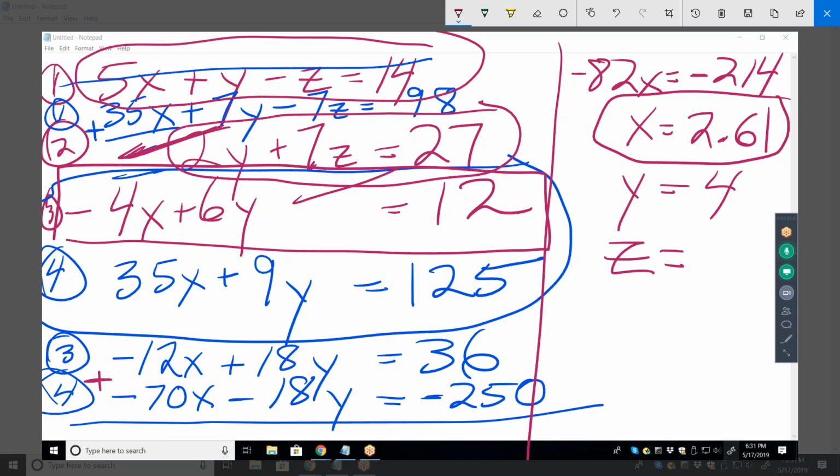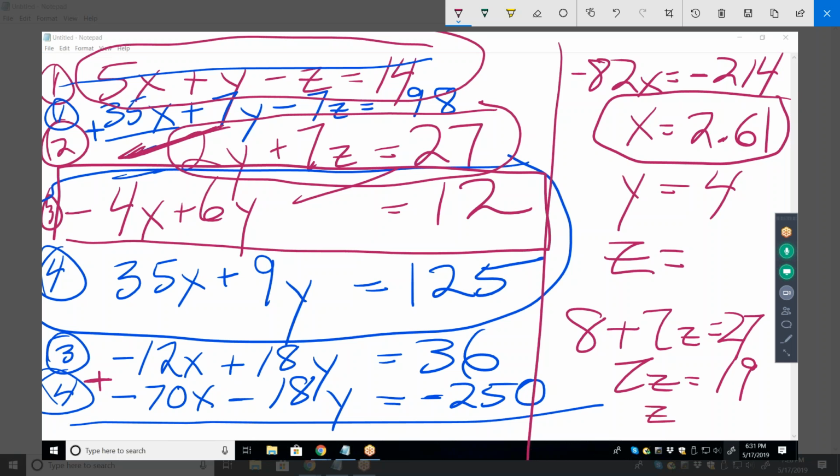Put 4 in, you got 8 plus 7z equals 27. That means 7z equals 19. That means z equals 19 divided by 7. Okay? All right.